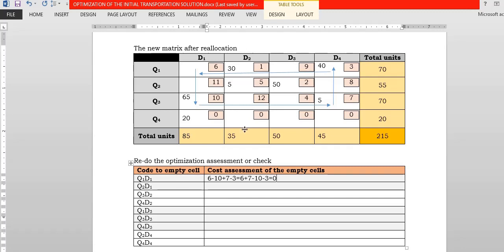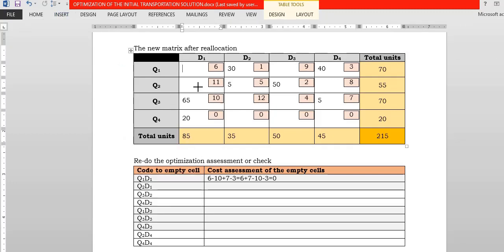Next is Q2 D2. So as usual, we're going to remove these ones. Then we do another loop and see if you can get anything. Yeah, it is there. So let's do it.